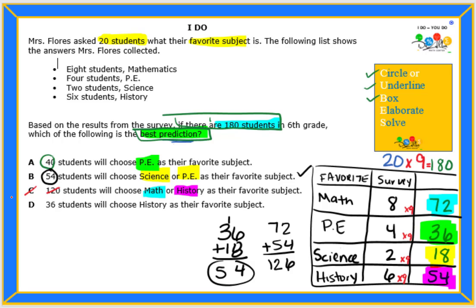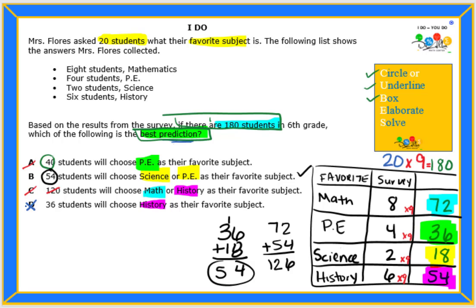So we know that one's out. And then D says 36 students will choose history as their favorite subject. We're going to go back over here and look, and we know that 54 students would choose history based on our prediction. So that is not correct.